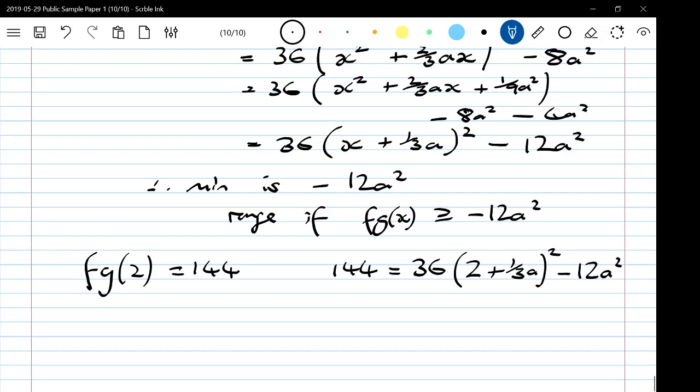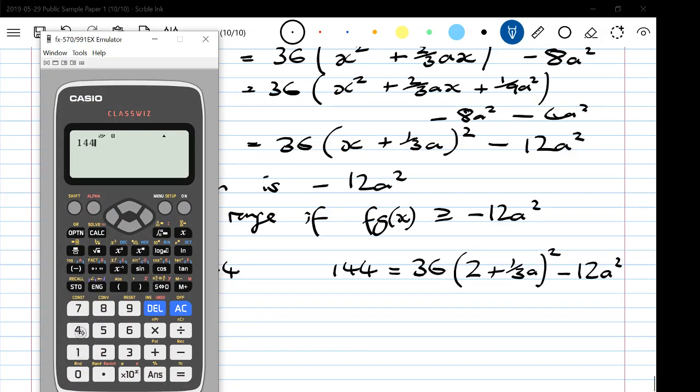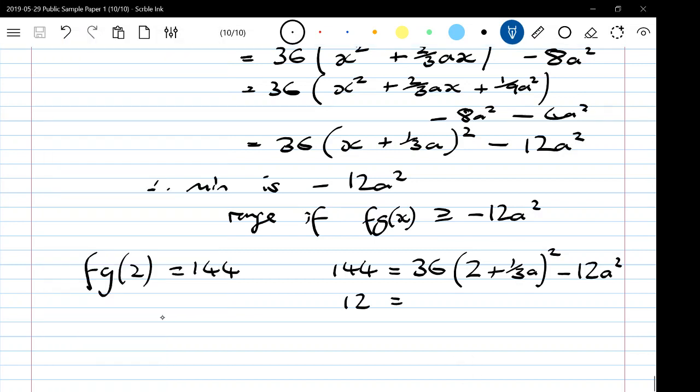Oh, it's a bit mean, isn't it? So we've got 144 divided by 36. Oh, hang on, let's divide by 12. So we've got 12 is 3 lots of (2 plus a third of a) squared minus a squared.